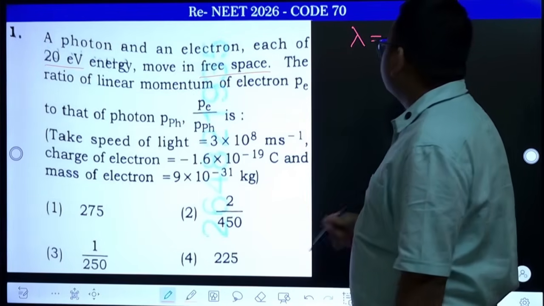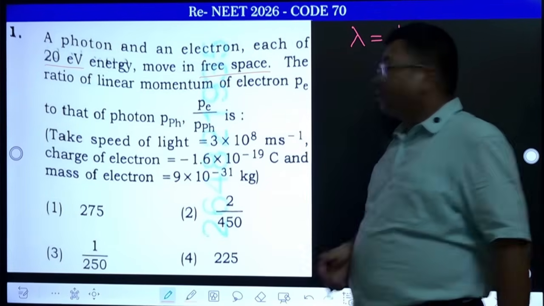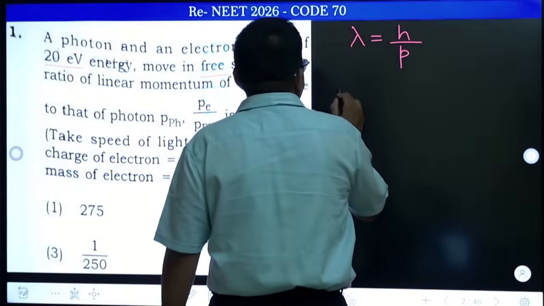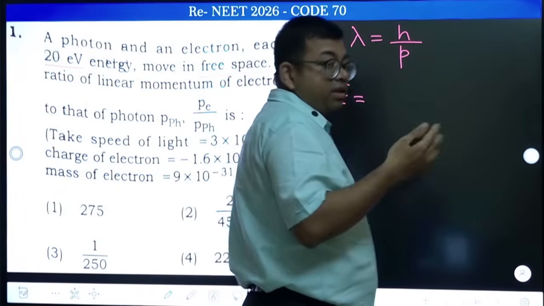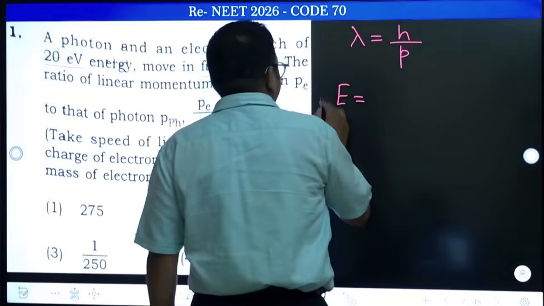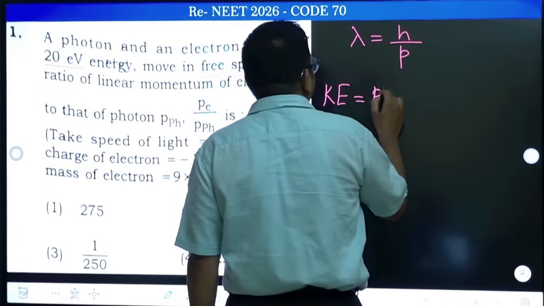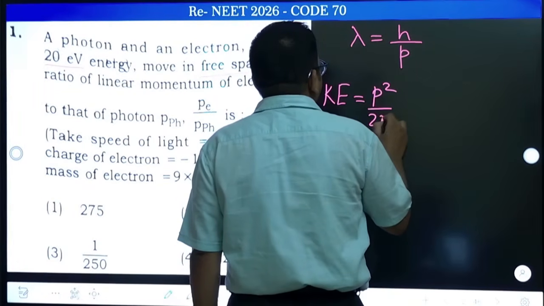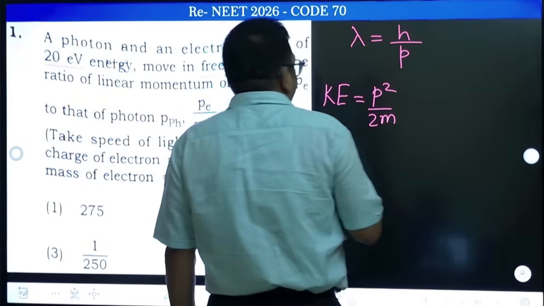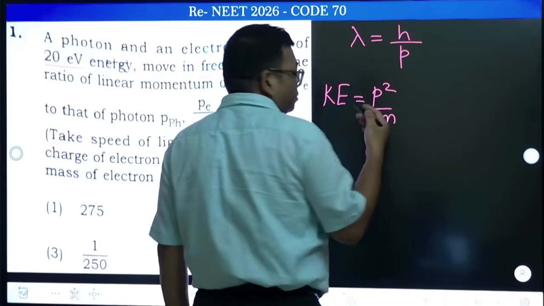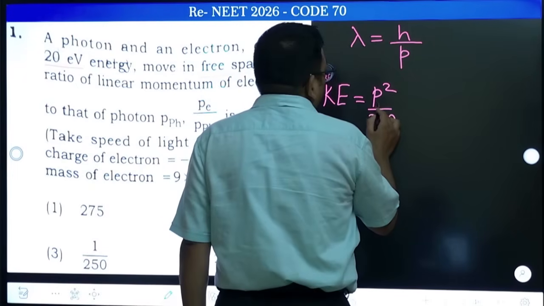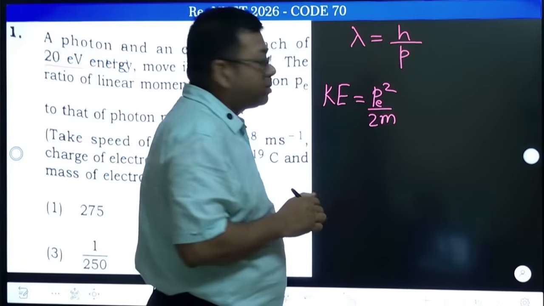So for the electron, how do you calculate momentum? Energy means we are taking kinetic energy. Kinetic energy is p square by 2m. Using this, I will calculate the momentum of the electron, because the electron is a particle.